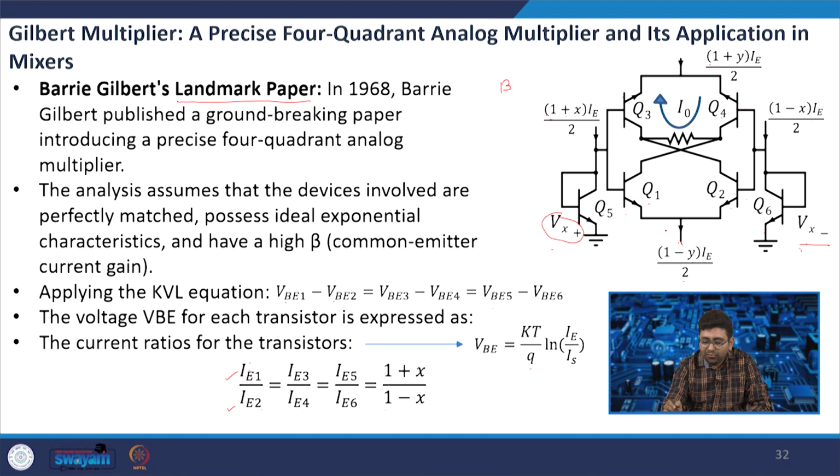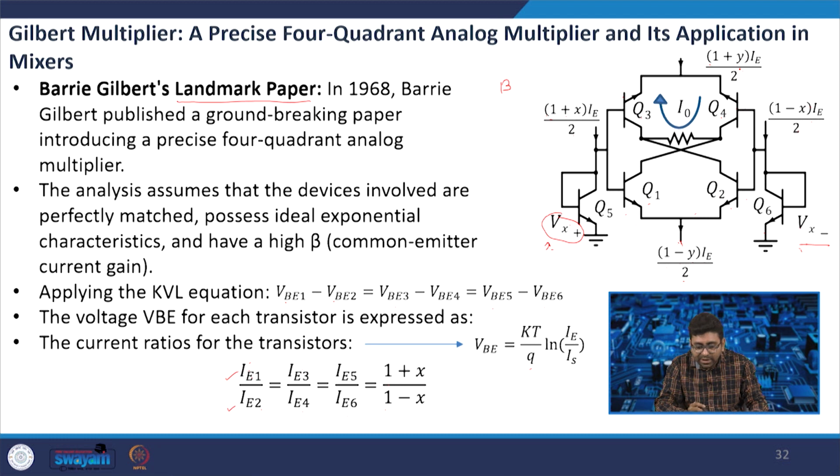So 1 minus y Ie by 2 and 1 plus y Ie by 2 is a differential current generated through the other voltage Vy. Here we have considered the voltage Vx, Vx plus and Vx minus. The current in Q1 and Q2 is generated through minus Vy, and in Q3 and Q4 through plus Vy.